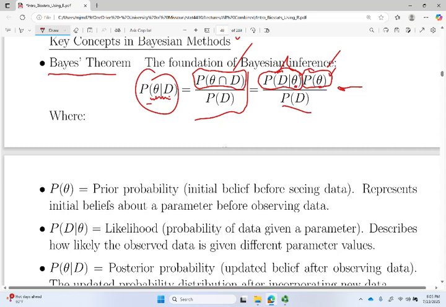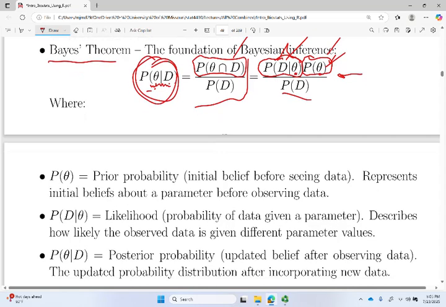And so what this represents is we go in with our prior beliefs, we collect data, and now we have a new belief for the parameter theta. That's kind of the Bayesian philosophy in a nutshell.